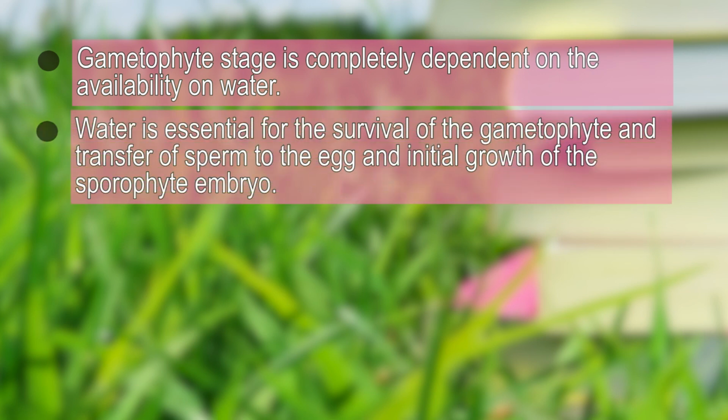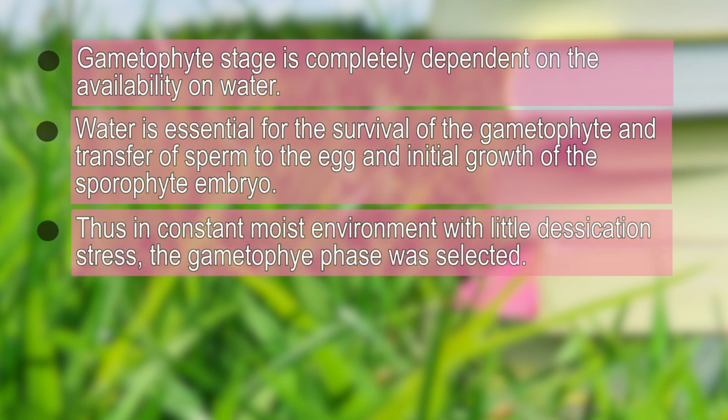The gametophytic stage is completely dependent on the availability of water. Water was essential for survival of the gametophyte, transfer of the sperm to the egg, and also for the initial growth of the sporophytic embryo.